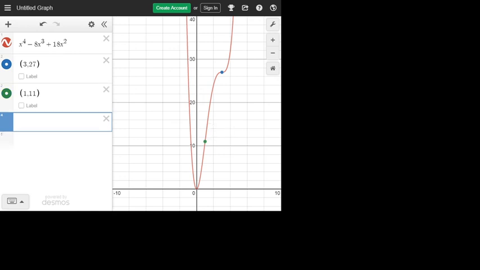And then of course 0, 0, which is our minimum right down here. What you see, guys, is the benefit and the power of calculus, because advanced functions would have a very difficult time identifying this little tweak in the graph that you see here at 3, 27, but calculus will let you do it.